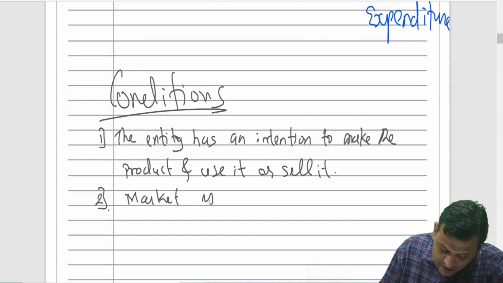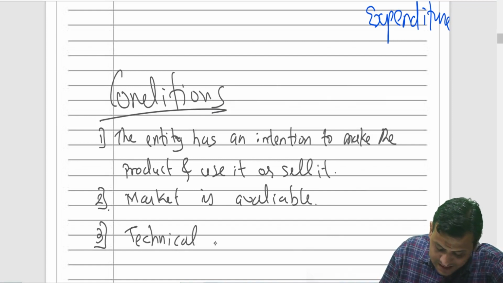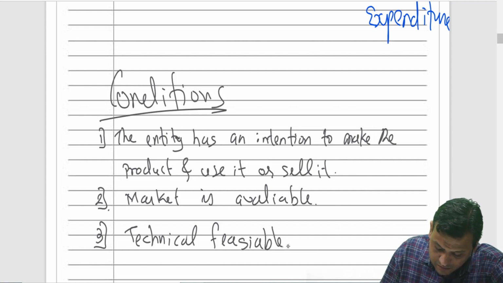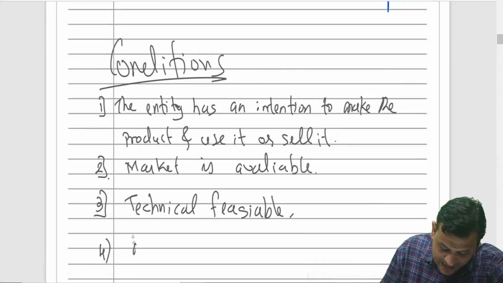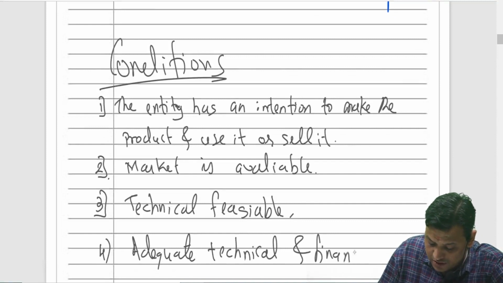Market is available. The project is technically feasible and the entity has adequate technical and financial resources.